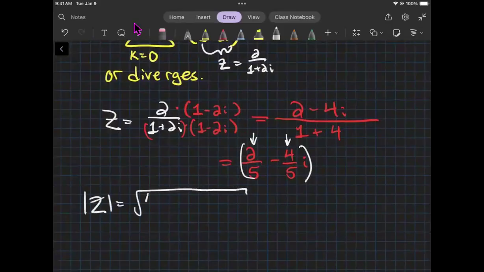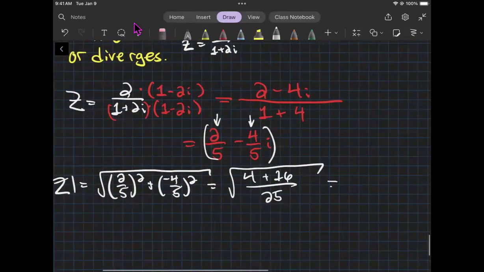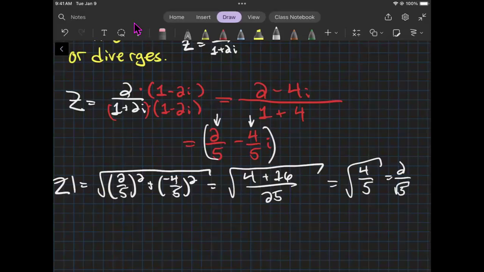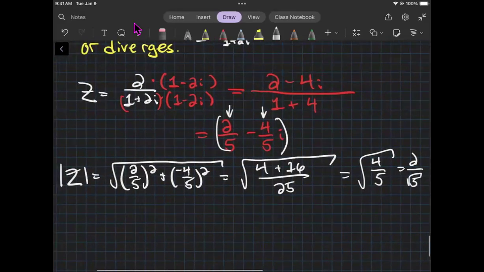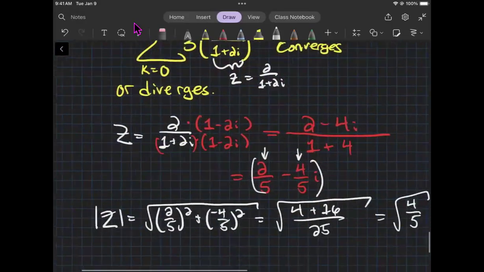If you want to do the brute force way, the length is the square root of 2/5 squared plus minus 4/5 squared, which is 4 plus 16 over 25, which is radical 20 over 25, or 2 over root 5. So this here is less than 1. The length is less than 1.